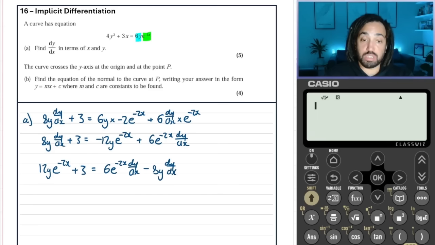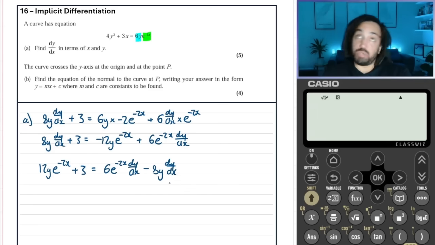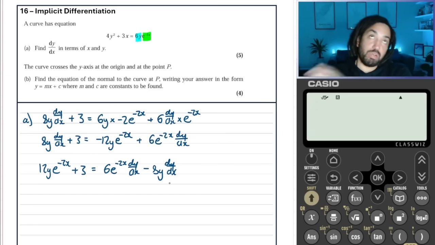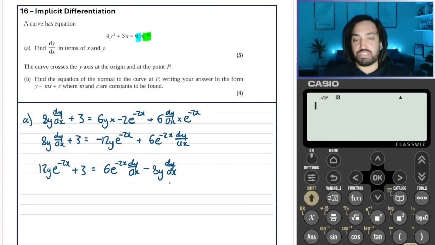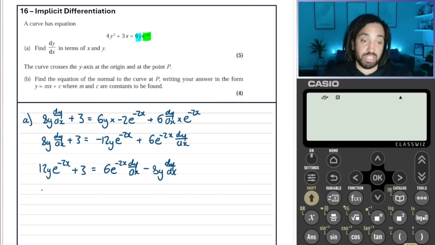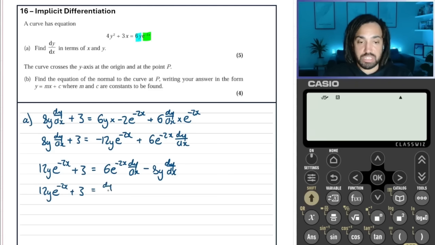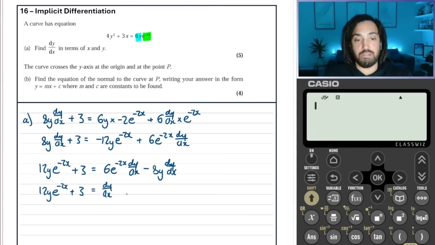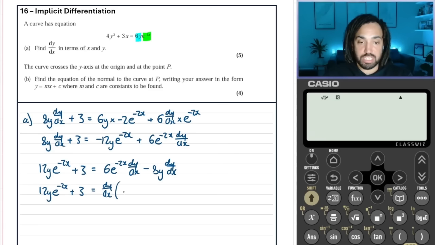You could, of course, do it the other way around and move the dy by dx to the left and the non-dy by dx to the right. That way you just get more minus signs, but it'll still be correct. Okay, so now we can factorize. So dy by dx can come out, and therefore inside the brackets we get 6e to the minus 2x, and minus 8y.